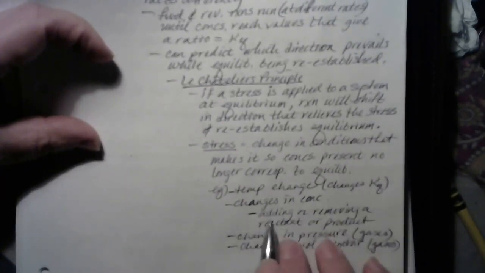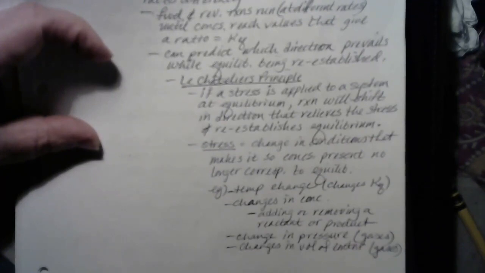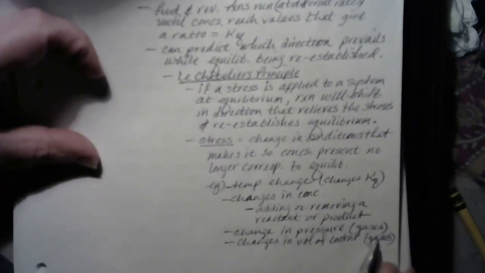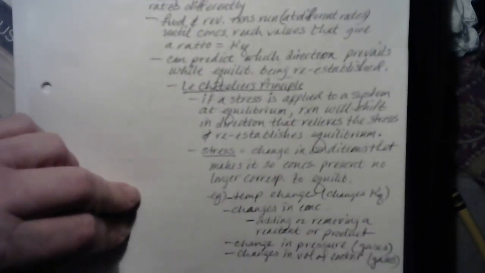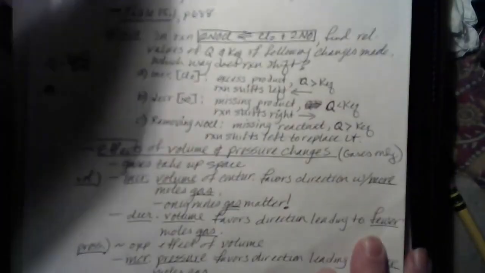Changes in concentration would include adding or removing a reactant or product. Also changes in pressure or changes in the volume of the container, but those only have an effect when there are gases involved in the reaction. The reactants and products don't all have to be gases, but there do have to be gases involved.